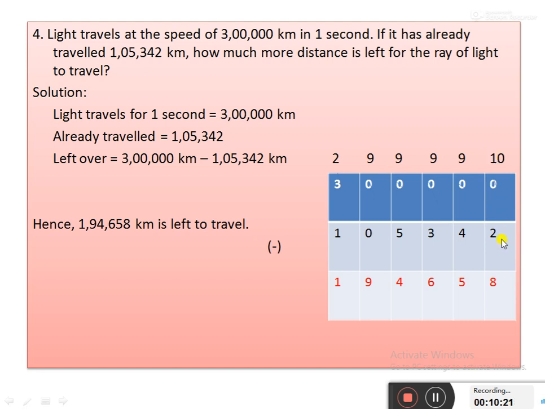So 10 minus 2 is equal to 8, 9 minus 4 is equal to 5. Here also 9, because we have already borrowed from those places. 9 minus 3 is equal to 6, 9 minus 5 is equal to 4, 9 minus 0 is equal to 9. Because we borrowed from the lakhs place, 3 minus 1 is equal to 2, 2 minus 1 is equal to 1. So hence how many kilometers are left over? 1,94,658 kilometers are left to travel.